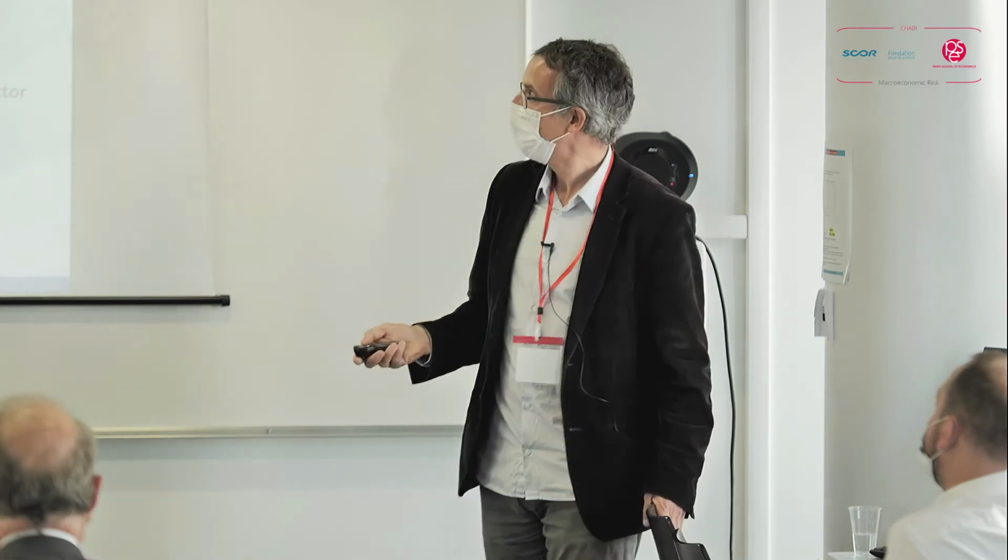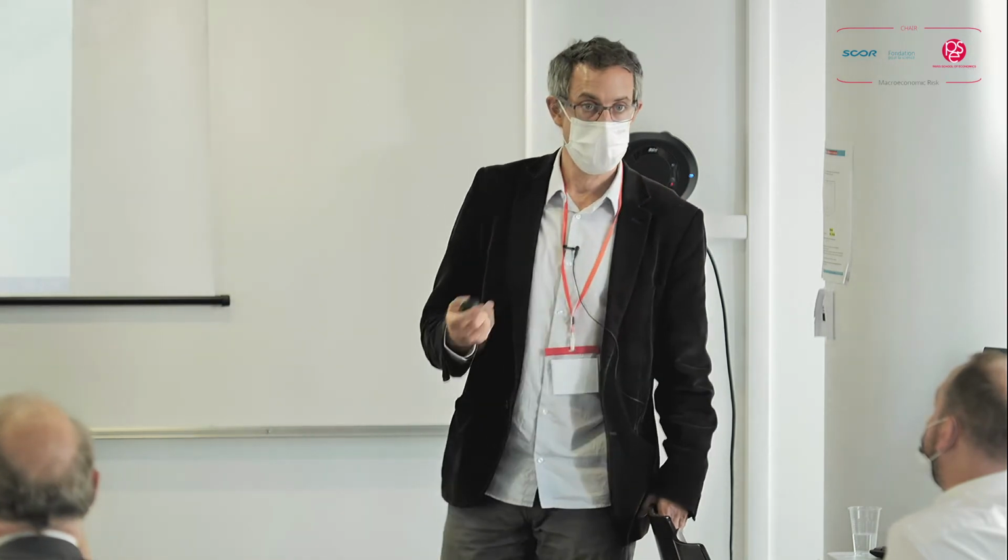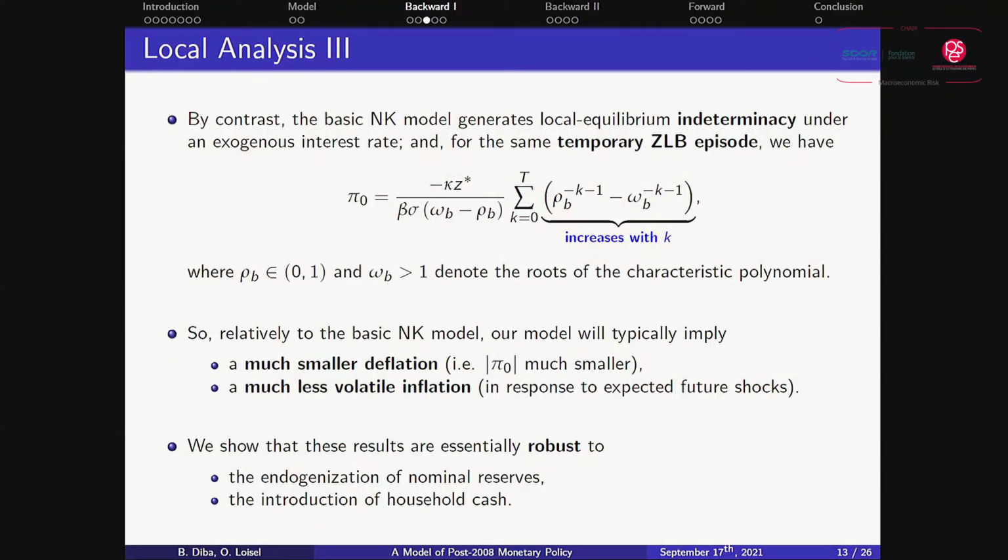Contrast this with the basic New Keynesian model, but this can be extended to standard New Keynesian models. What they do is to generate local equilibrium indeterminacy under an exogenous policy rate. So basically, in the basic New Keynesian model, you have two non-predetermined variables, but you have only one unstable eigenvalue and the other one is stable. So rho B is stable, omega B is unstable.